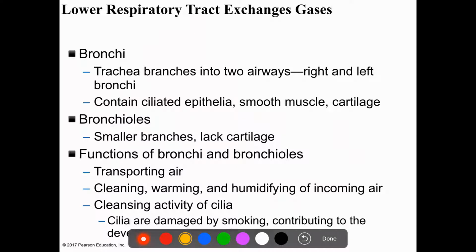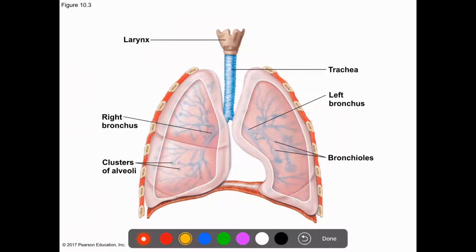The other part of the lower respiratory system is the bronchi and the bronchioles. Let's move to the image. This is, as we said, the trachea, and here the bronchus. The trachea would split into left and right bronchus.